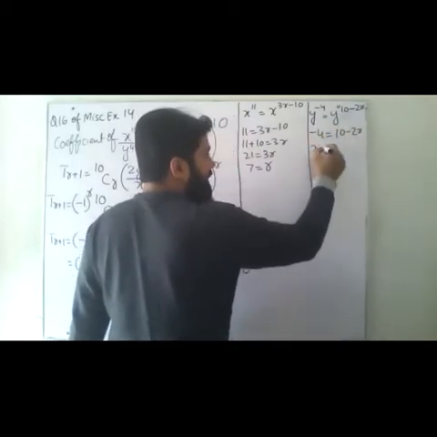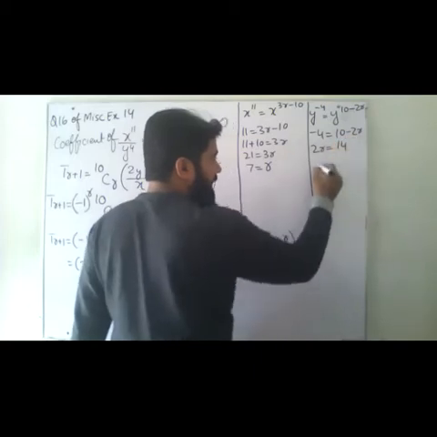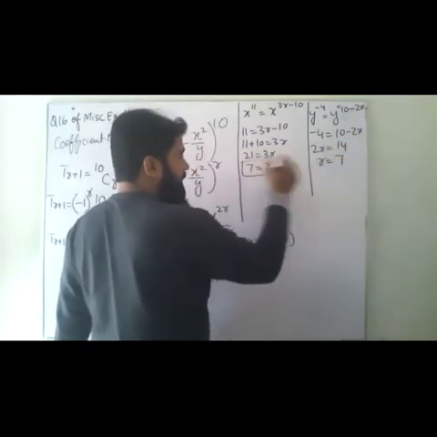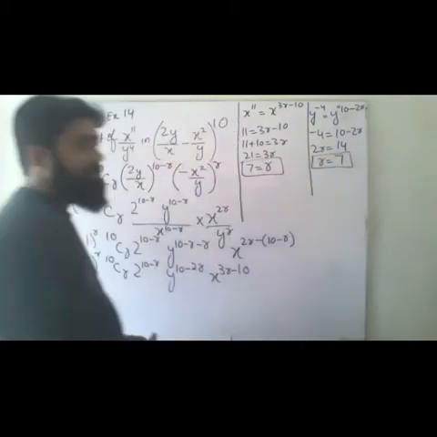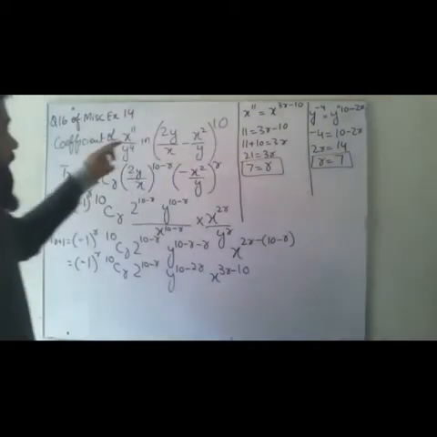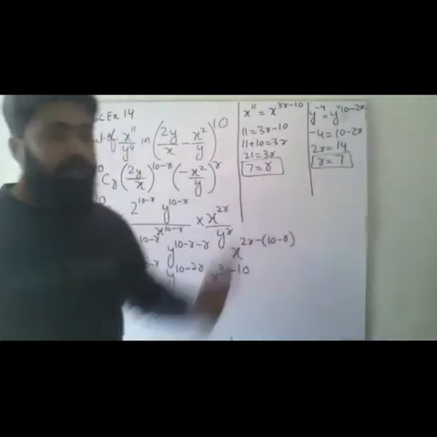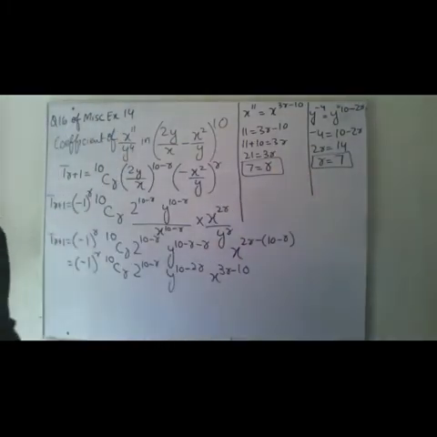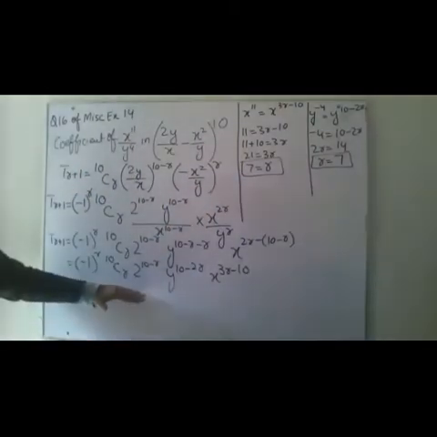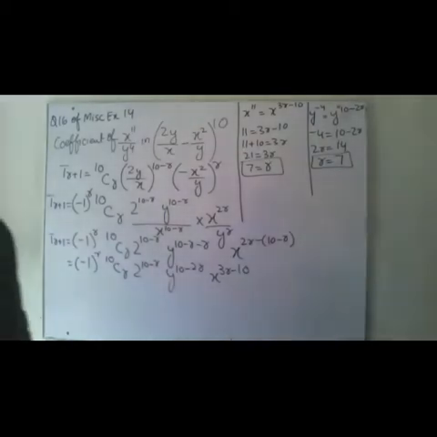Shifting, 2r equals 14, r equals 7. See, both give you the same answer. Either you use this one to get the value of r, or that one. Now you will put this value of r in the term and you will have your final answer.